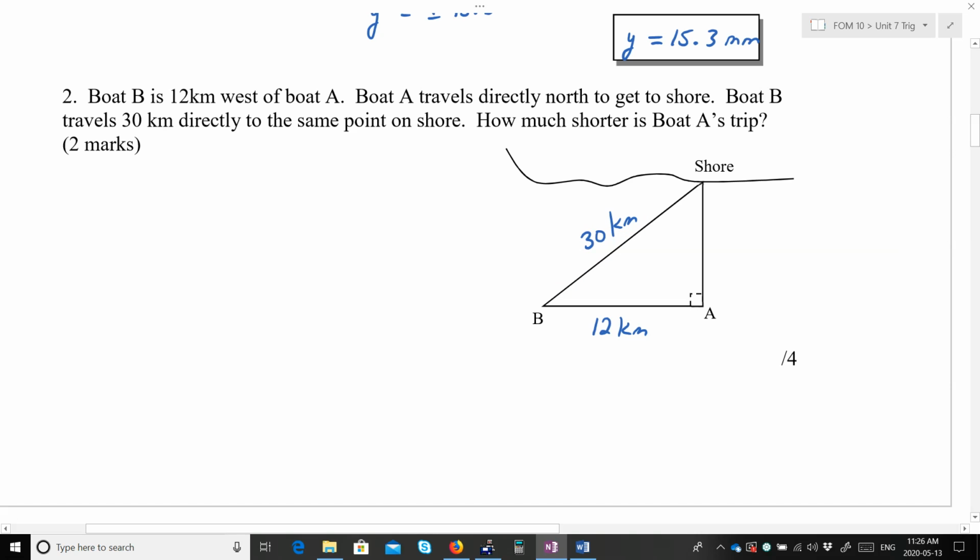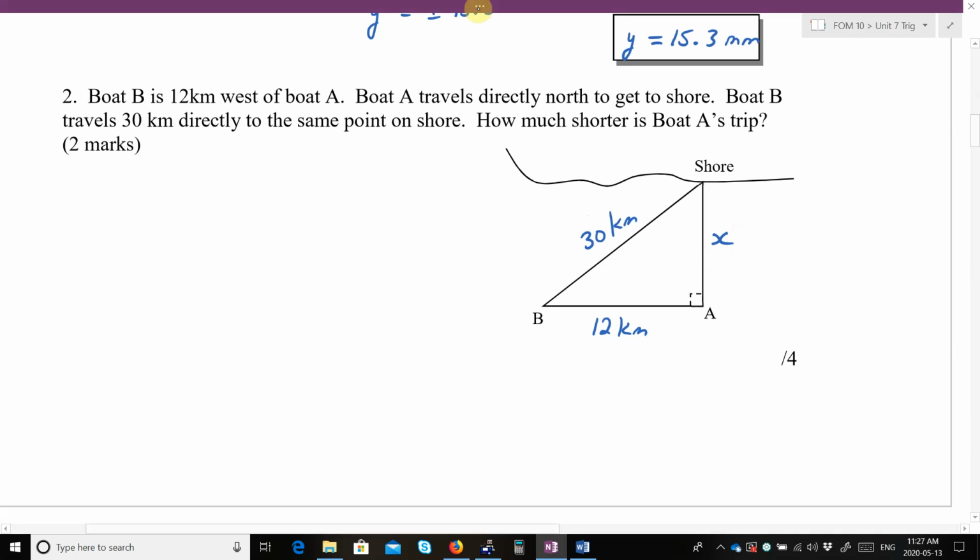How much shorter is boat A's trip? So you have to figure out x here, first of all, that length, but then you have to figure out how much shorter that is than boat B's trip. So how much shorter this x is than the 30 kilometers. Okay, so there's an extra little step.